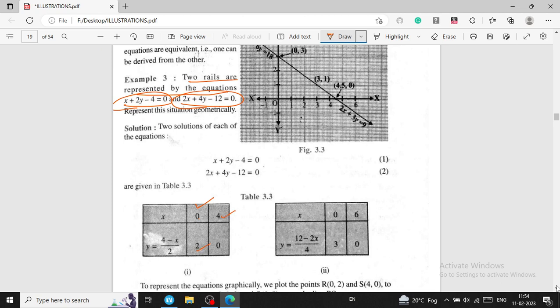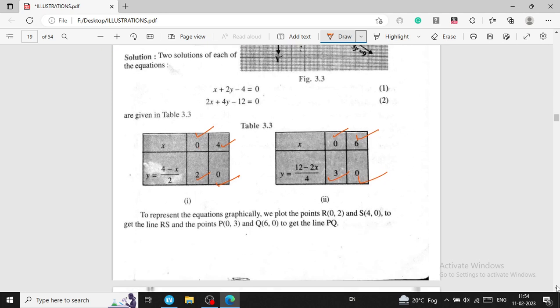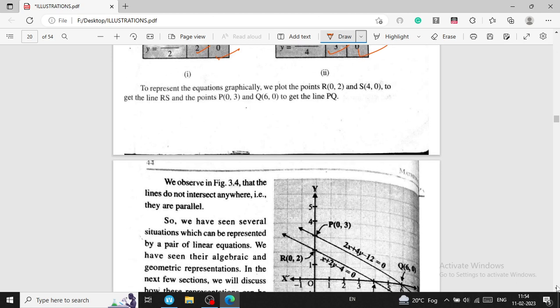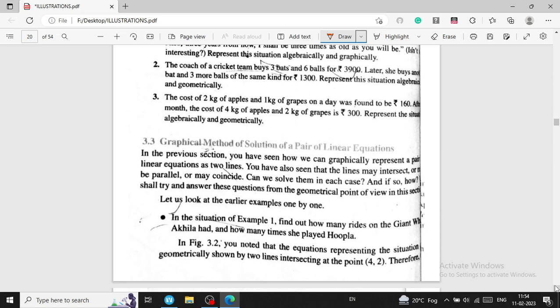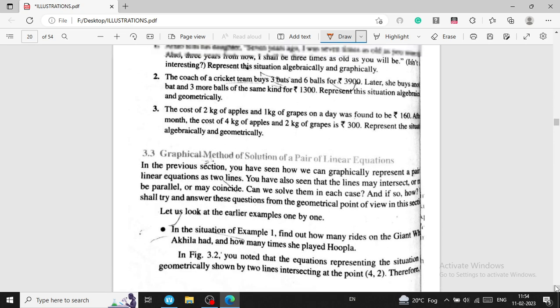When you put 4, then you get y as 0. In the second equation, when we put 0, we find y is 3. When we put 6, then we find y is 0. Now draw the graph. When you draw these two graphs, they show parallel lines. That means there is no solution. When two lines are parallel, that means there is no solution. You will not reach any point.